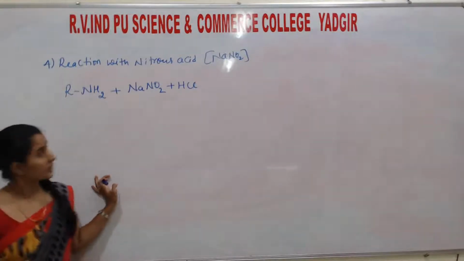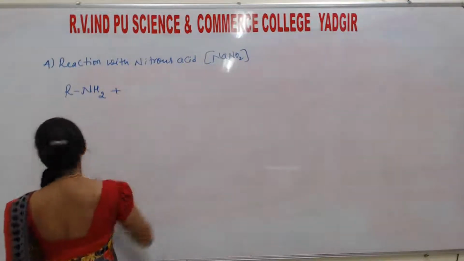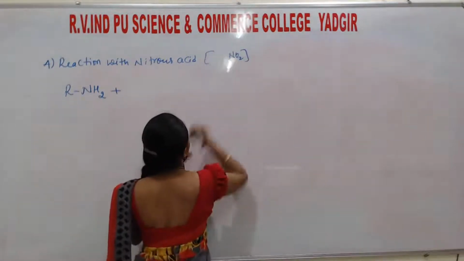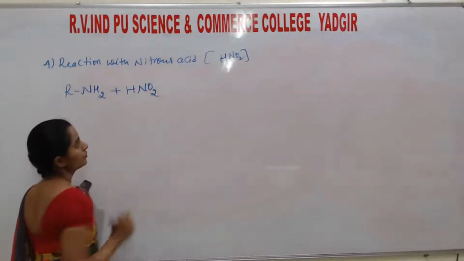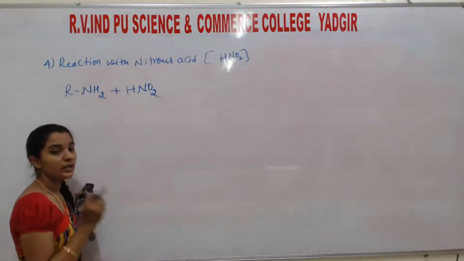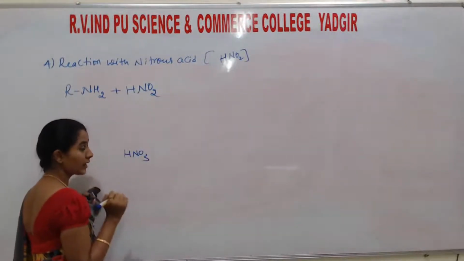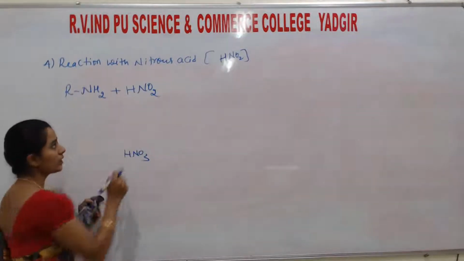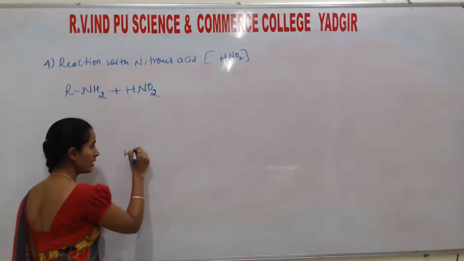This is nitrous acid, HNO2, and this is nitric acid, HNO3. Okay, so HNO3 is called what? Nitric acid, because based on the oxidation state we are going to name it. Here the oxidation state of nitrogen is +3, and here the oxidation state of nitrogen is +5.